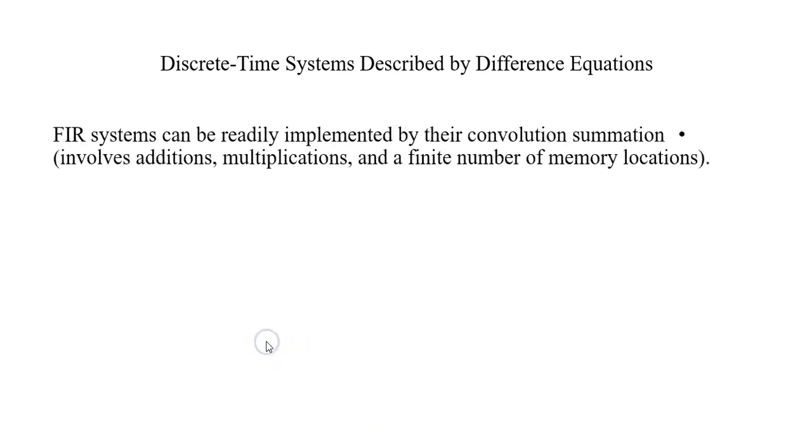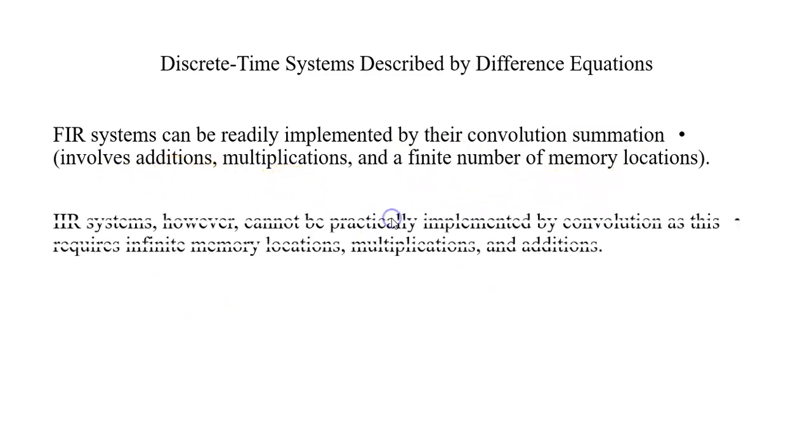Discrete time signals and systems described by difference equations. How can we represent our systems? Of course, the only way is to use the difference equation. Finite impulse response systems can be readily implemented by their convolution summation, which involves addition, multiplication, and a finite number of memory locations.